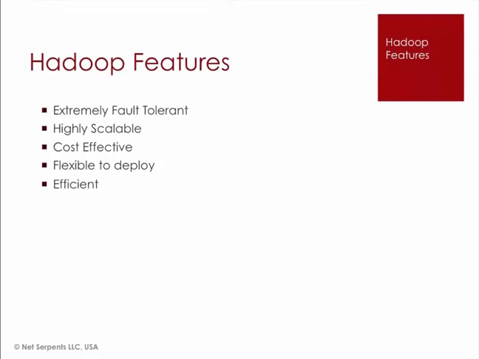So those are the good things about Hadoop. It's efficient because it uses a lot of good features which we'll learn soon, like being fault tolerant, being able to handle huge quantities of data very quickly and efficiently.